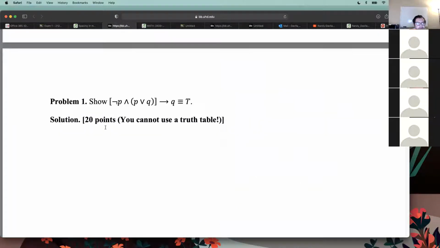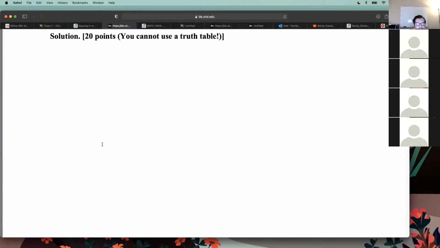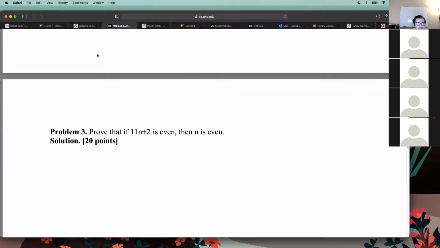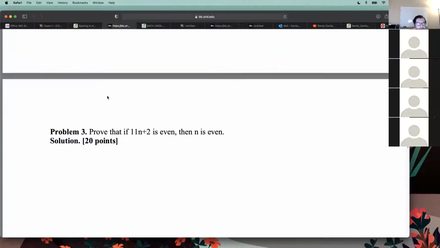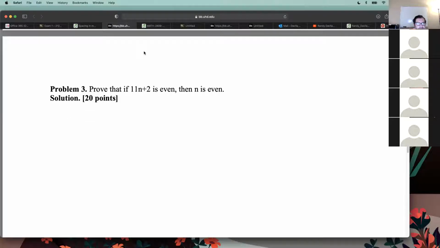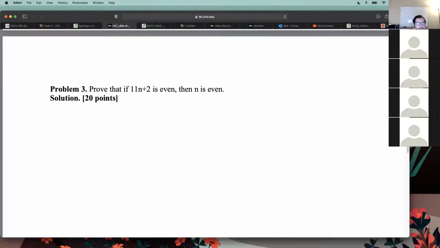And then you would do a similar thing for this problem. Did I already prove this one? This is basically very similar to how I typed up this one.